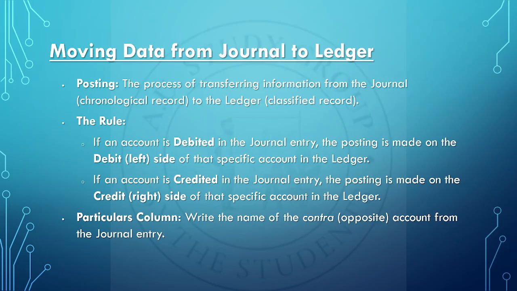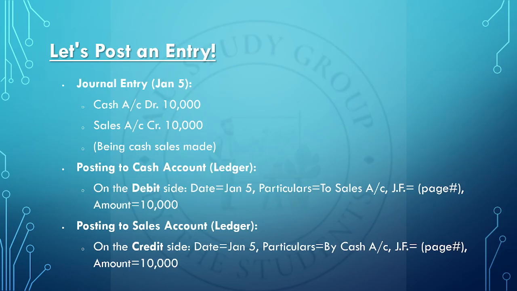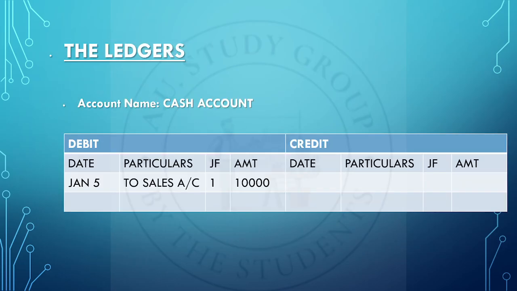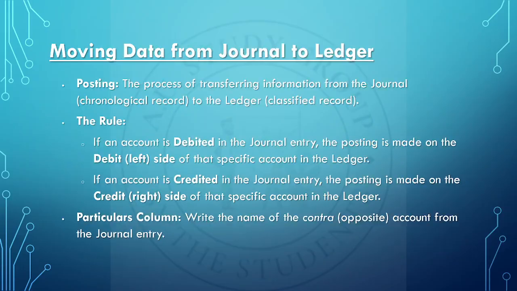And in the particulars column, you write the opposite account. Very good. The cash account is debited, so in the cash account ledger you write "To sales account" on the debit side. If the account is debited in the journal entry, the posting is also made on the debit side.